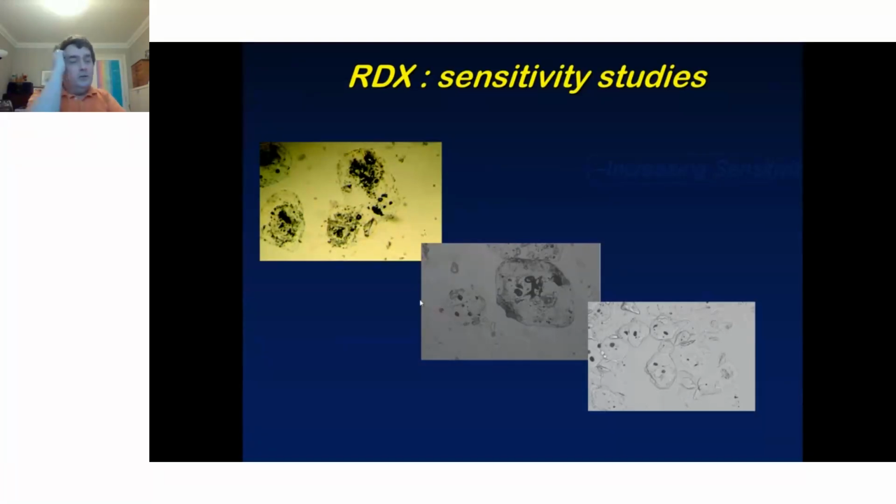What you see on the top left-hand side is a number of crystals in an index matched fluid. So we're just looking at the voids inside the crystals. Inside this crystal here, you can see there is a large number of voids. Inside this crystal here, there are fewer voids, and inside these crystals here, there's 1 or 2 voids. So using index matched liquids, we can look inside the crystal and see what is happening there.